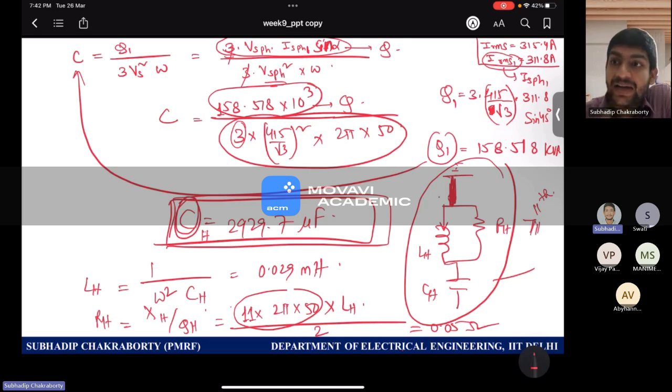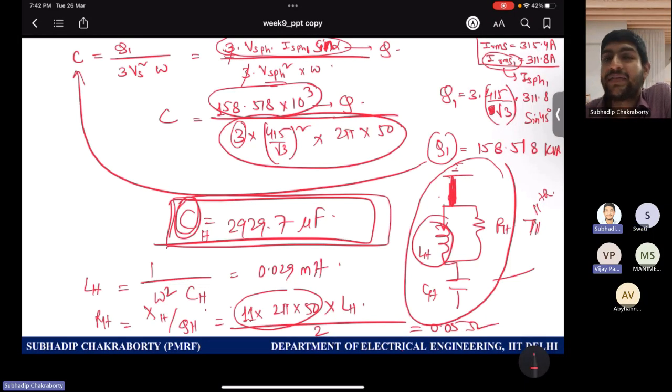Please understand, this is very important. When you are at the power level, that is 50 Hertz, this inductor impedance will be very low. So it will behave like a wire. So what is happening is that at power frequency level, you are only connecting a capacitor, which is providing reactive power compensation.